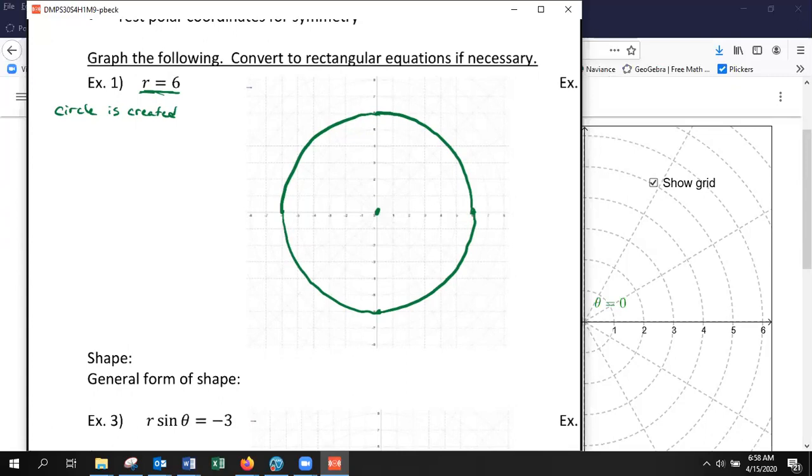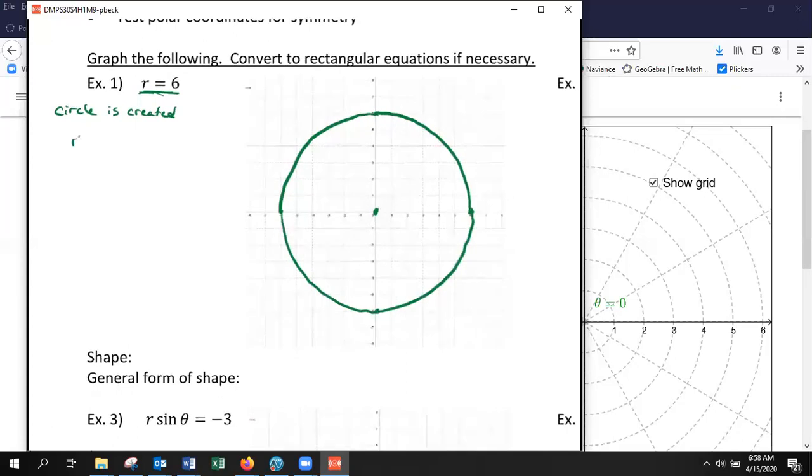So remember, how did we get that circle? We know in geometry that the radius being 6 gives us just the shape. But what we did was square both sides, so r squared is 36, and then we can convert r squared into x squared plus y squared is 36. Do we really need to do all that work converting from one to the other?